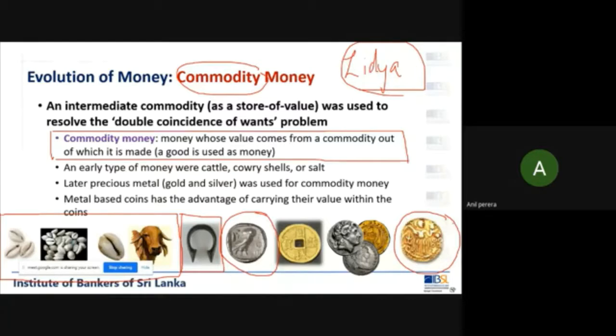So likewise, what I wanted to tell you, the usage of commodity money became very popular across various countries during history. From barter, we have seen the introduction of commodity money earlier, some things that you can find from the environment, and later on some precious metal based coins like gold and silver, even copper coins.